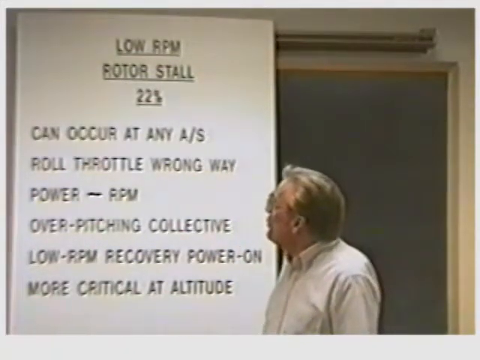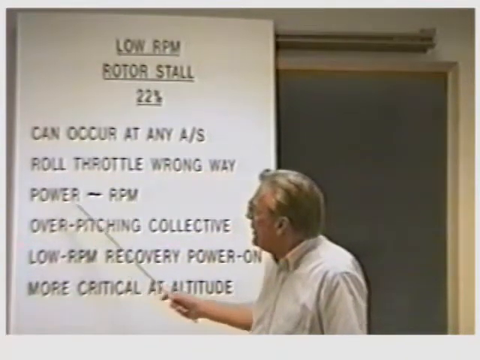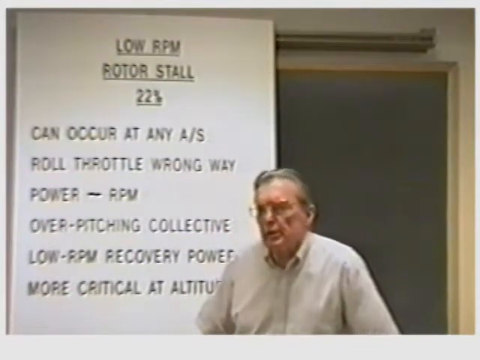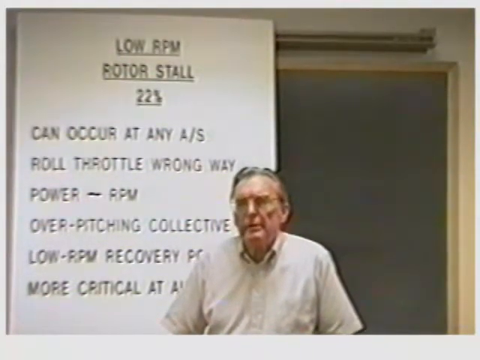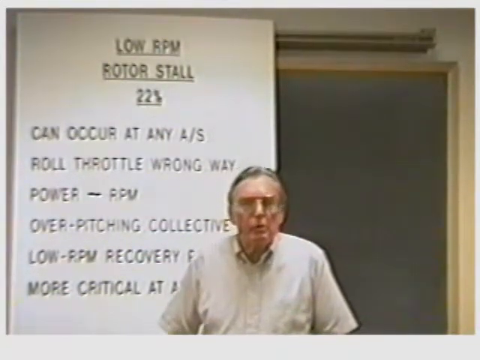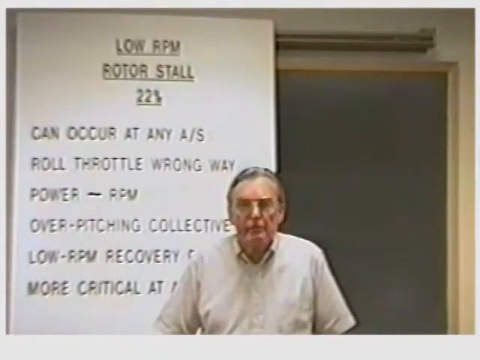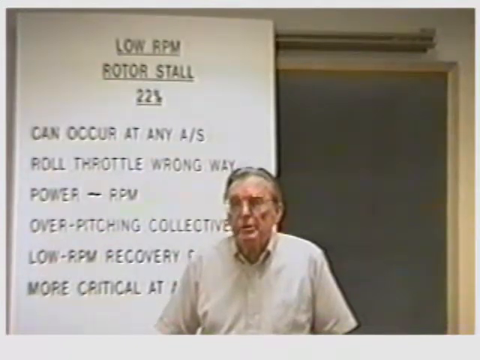Another thing that can contribute to low RPM rotor stall is the relationship between power and RPM. The power that your engine can produce is almost directly related to RPM. If you allow the RPM to droop down 10 or even 20%, then you will reduce the power that engine can physically produce by that same 10 or 20%.